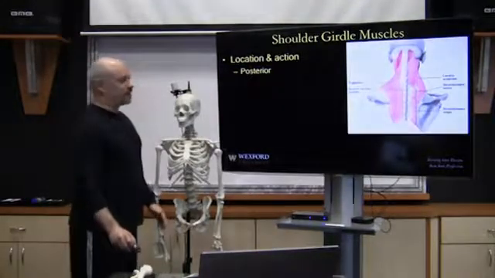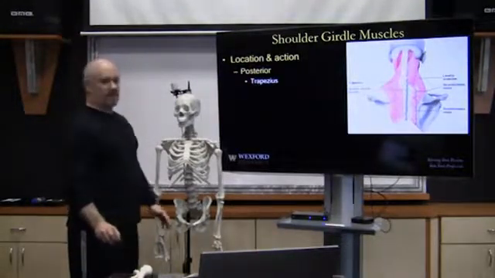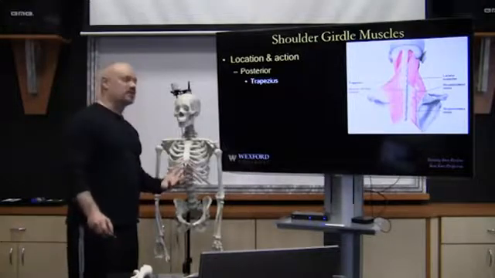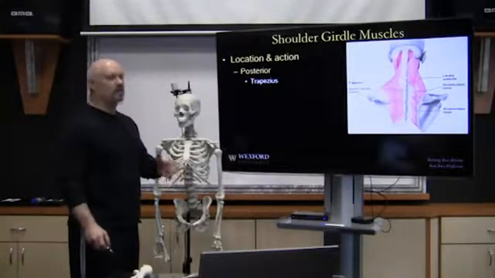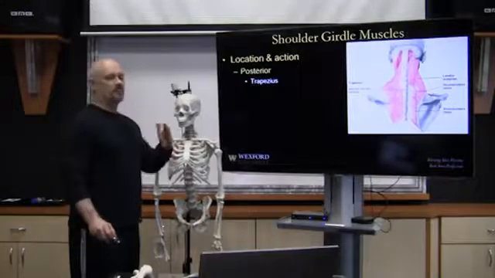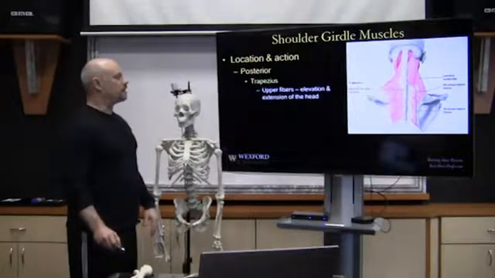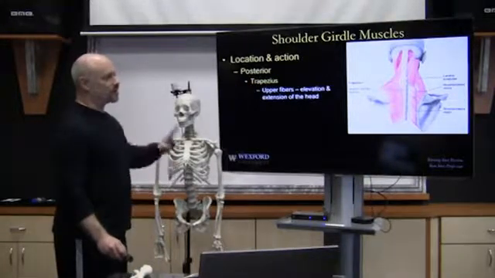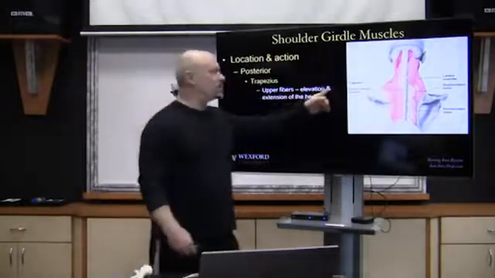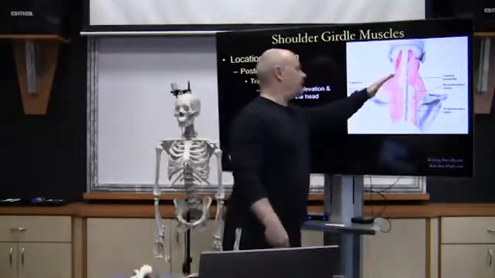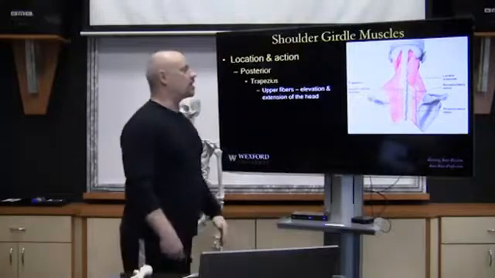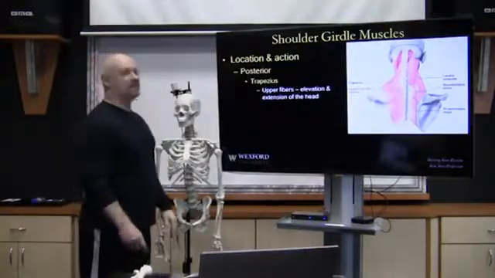Now, on the backside, posteriorly, we have the trapezius muscle. What we talked about, some books have just upper, middle, and lower, and some books talk about traps 1, 2, 3, and 4. The upper fibers, which would be traps 1, move just the neck, but the upper fibers of traps 2 can cause elevation and extension of the head as well.